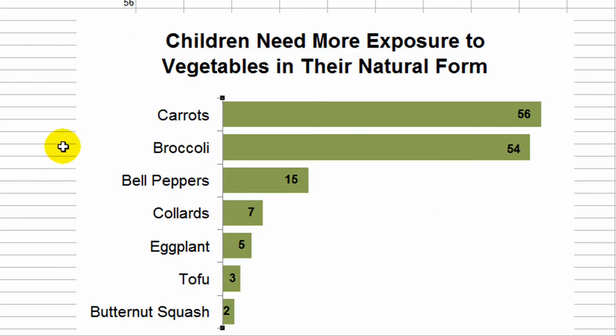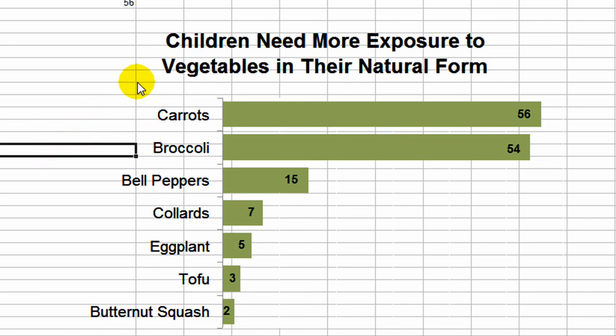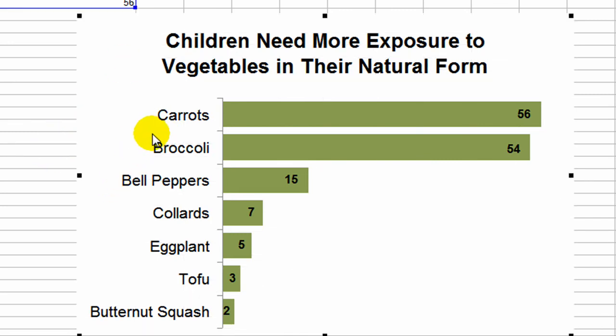Okay, so already that's a lot better, and you can see that the background is transparent. So that's basically it, how we create a prettier, cleaner chart in Excel by getting rid of a lot of the defaults. They're not necessary, and the point of the chart is to make the data and the point of the data very clear immediately.